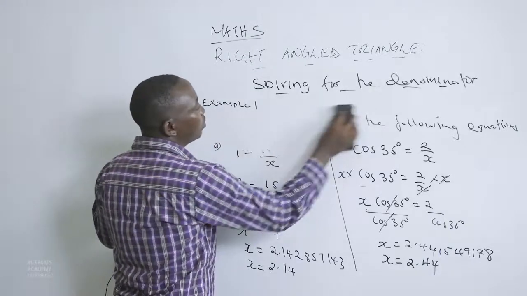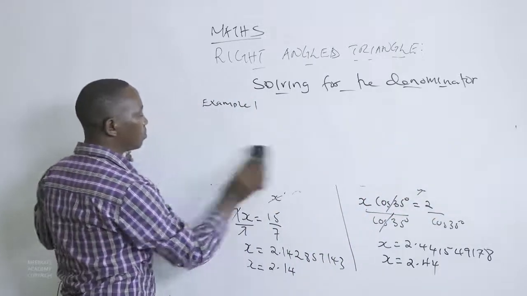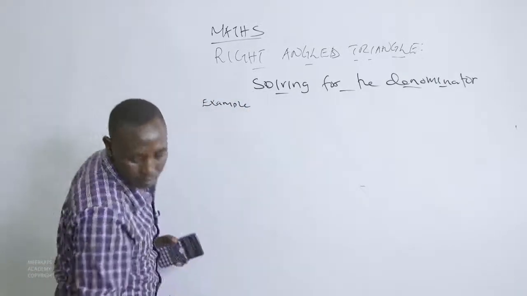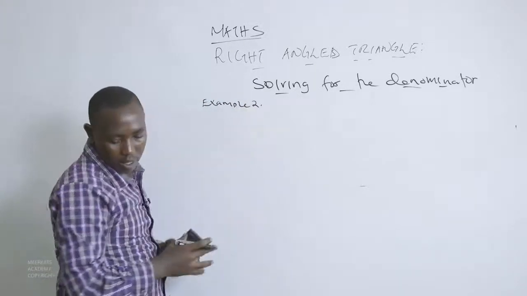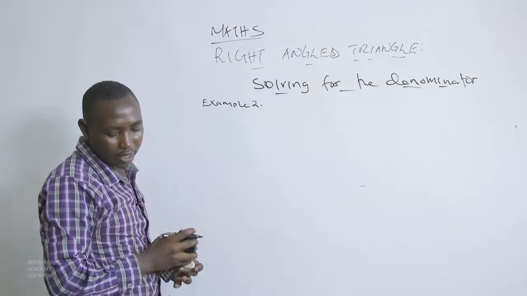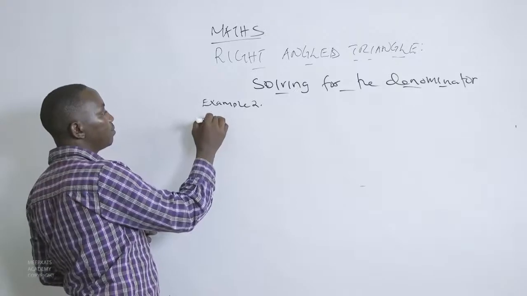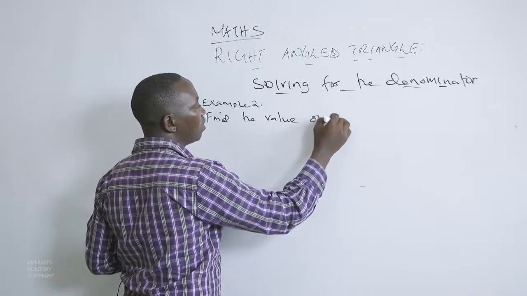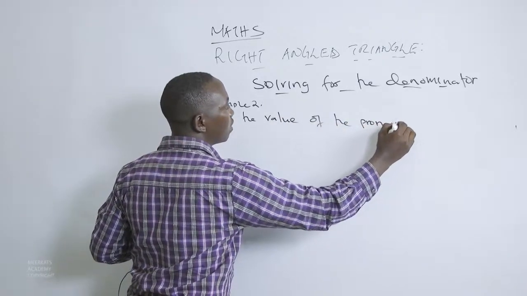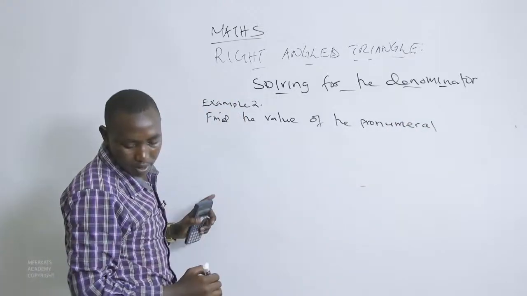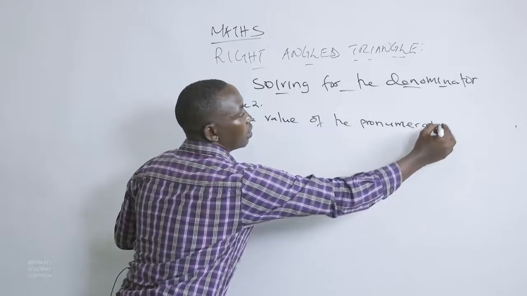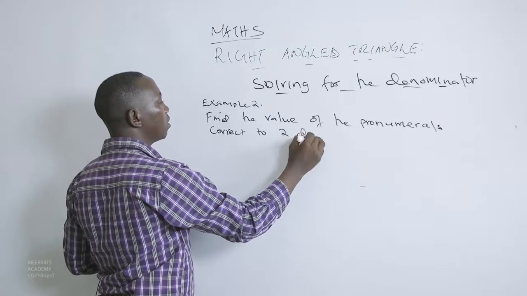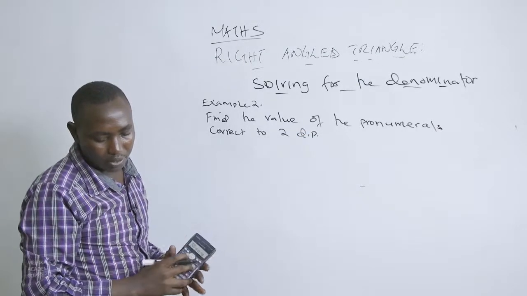Next example, example 2. We are told to find the value of the pronumeral correct to 2 decimal places.